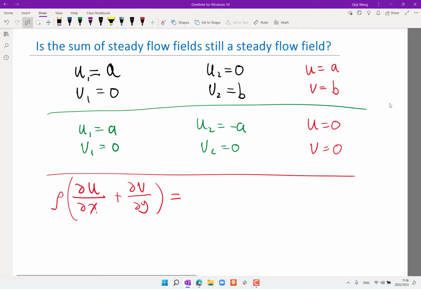Conservation of mass: the integral of rho times v dot n. So this is the divergence of velocity. If you integrate the divergence of velocity over volume, you get a surface integral of all the outflux of velocity, which has to equal what for the flow field to be steady state? 0, right?